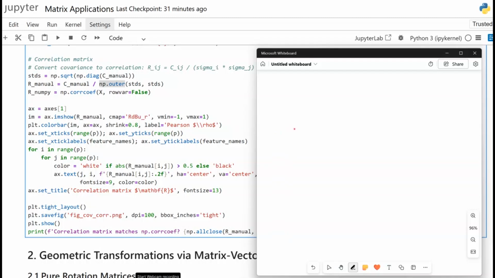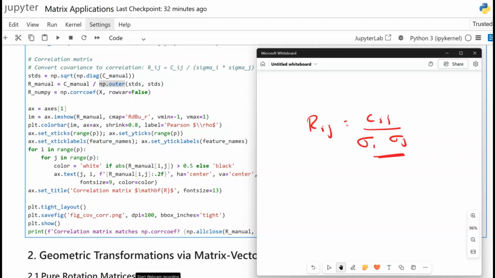Kindly observe, dear friends, R sub ij equals C sub ij divided by sigma i multiplied by sigma j. So the correlation between variables i and j equals their covariance divided by the product of their standard deviations. That is what is specified.